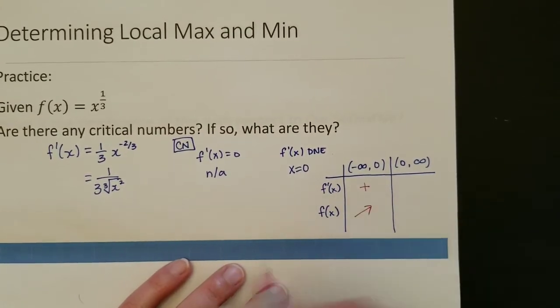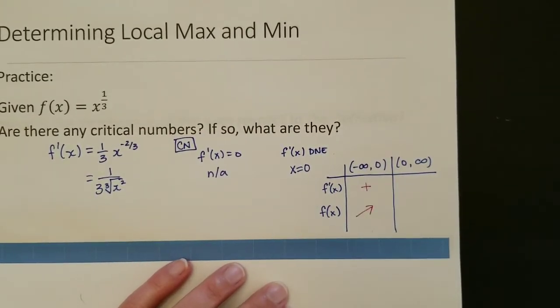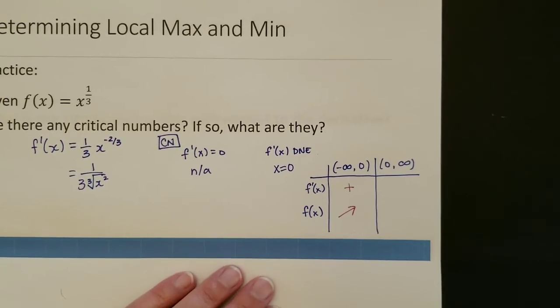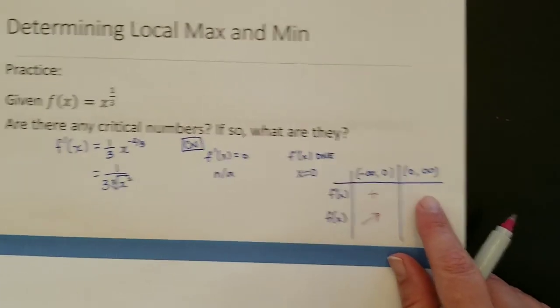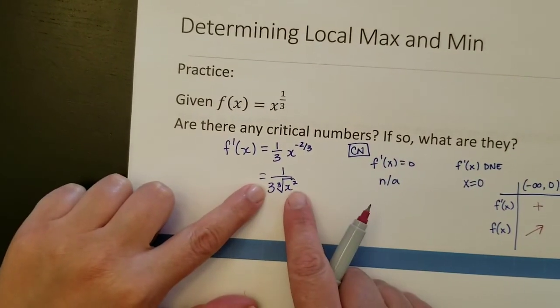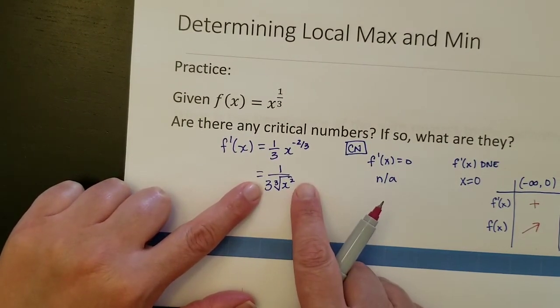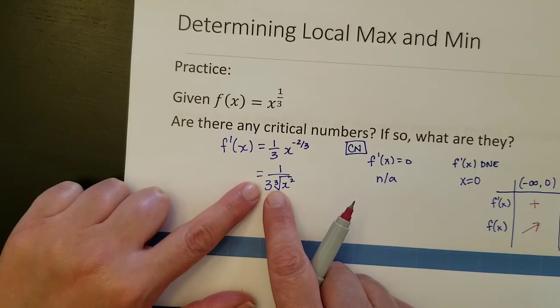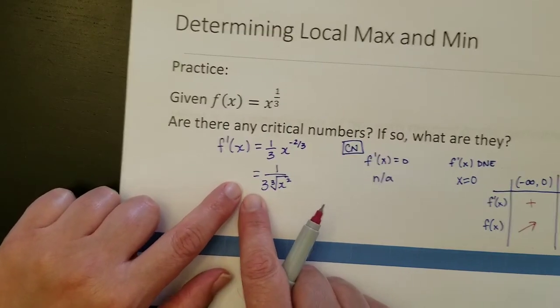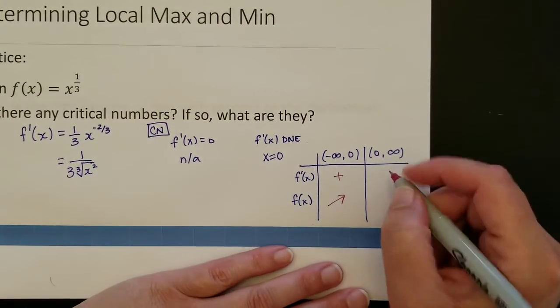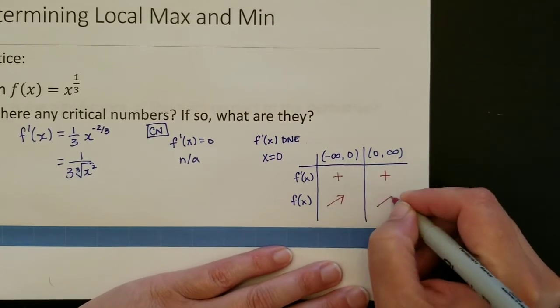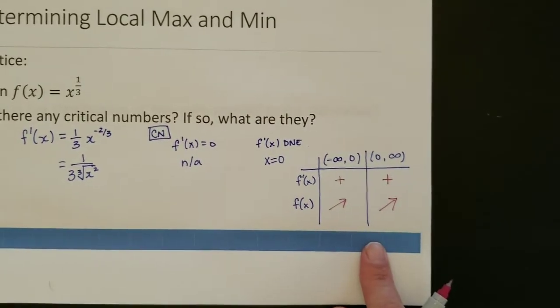That means that f at x is increasing on that interval. And if x is positive, obviously if we substitute in a positive number here, square it, still positive, take the cubed root, still positive, multiply by 1/3, still positive. The derivative in this case is also going to be positive, so it's increasing.